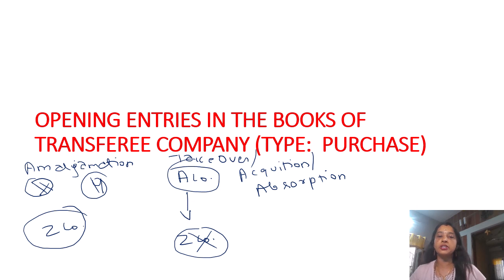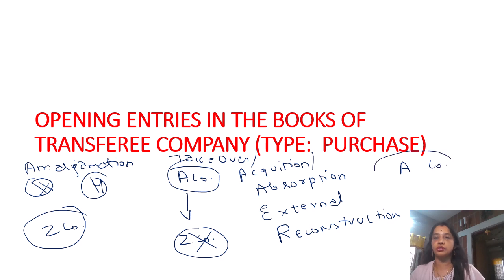Same with respect to external reconstruction. In external reconstruction, there is one company, A company, and this company will close. It will close and then the same company will form into a new company called Z company.